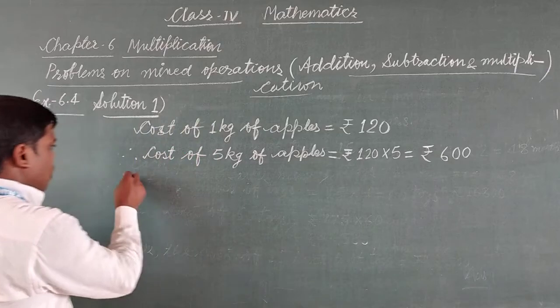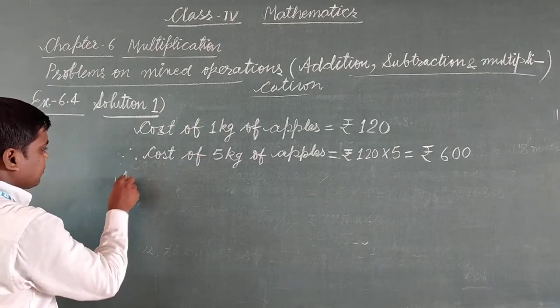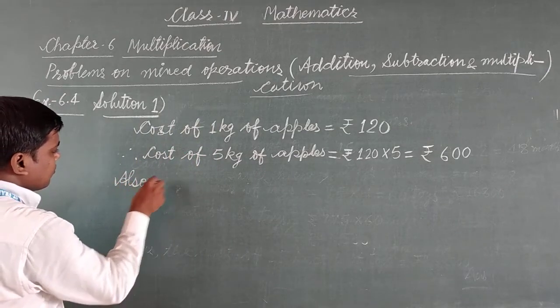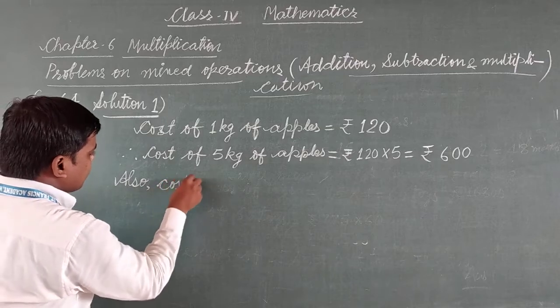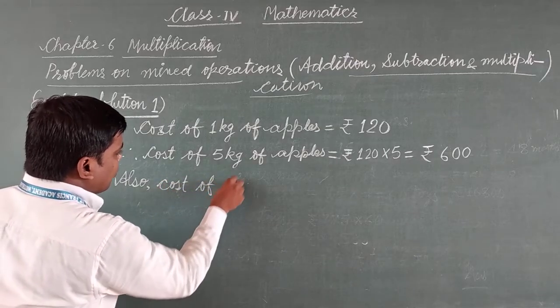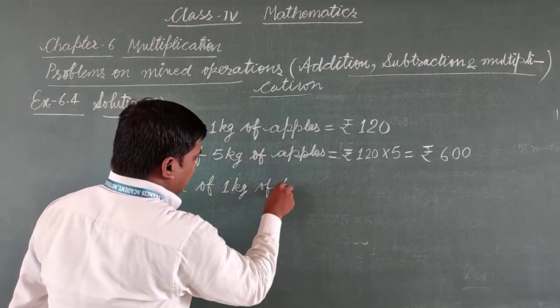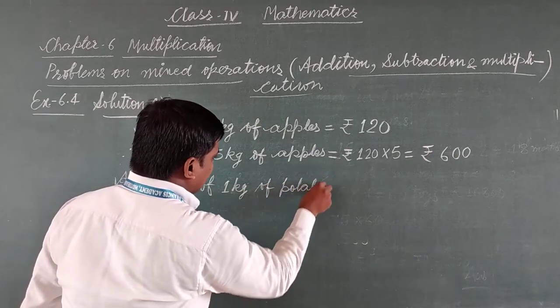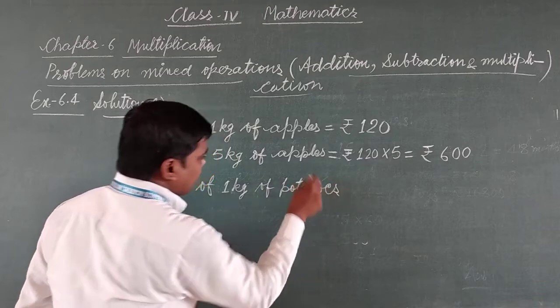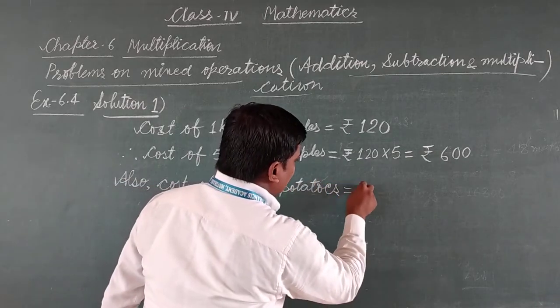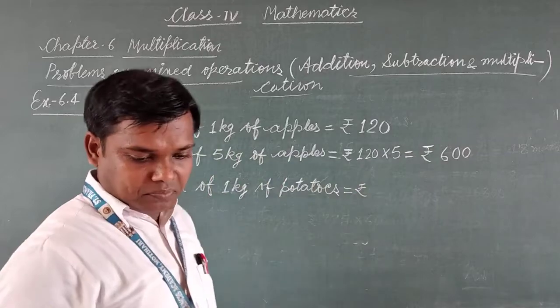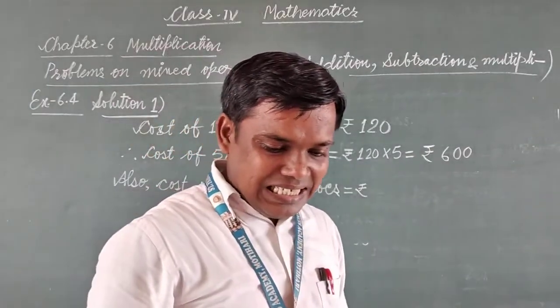Now also we have cost of 1 kg of potatoes is equal to rupees 60.